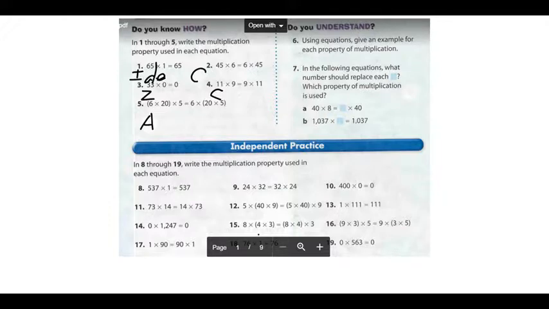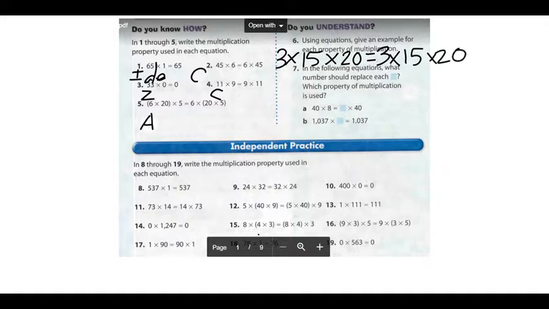If I were to do the first one with you, you can write this down. Let's do the associative property. I'm just going to use some random numbers. I'm going to say 3 times 15 times 20 equals, and I'm going to use the same exact numbers, 3 times 15 times 20.